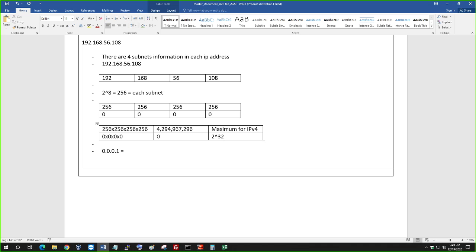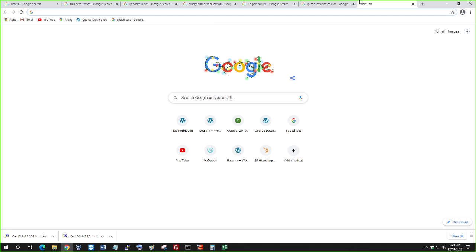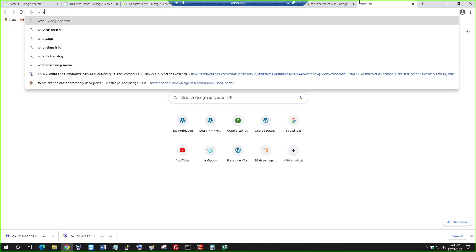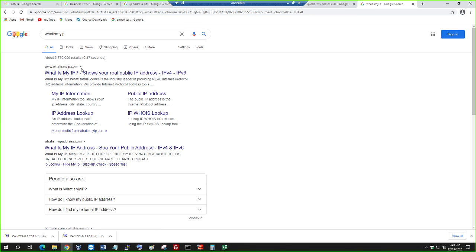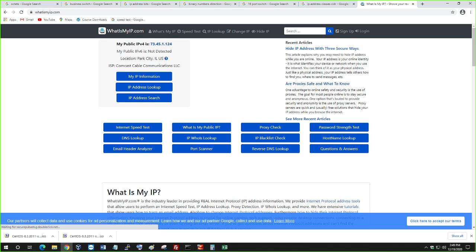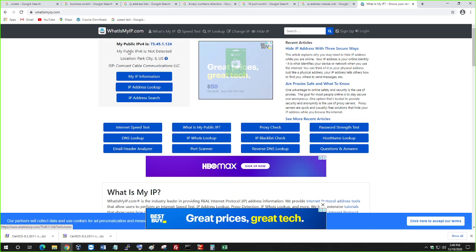So that's why you have the IP address here. On your cell phone, you could find out your public IP address, right? If you go to whatismyip.com, it will tell you this is your IP address, 73 and all that.